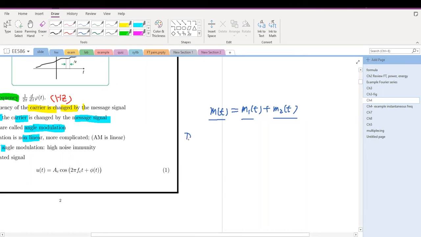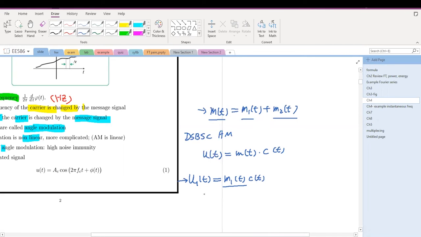Now, for example, if I use DSB-SC AM signals and modulate directly, u(t) equals m(t) multiplied by c(t), right? Now if I modulate m1(t), I obtain the modulated signal u1(t), which equals m1(t) multiplied by c(t).